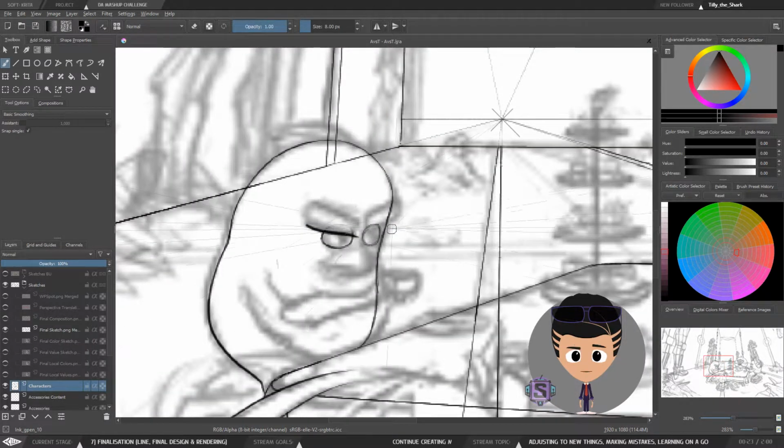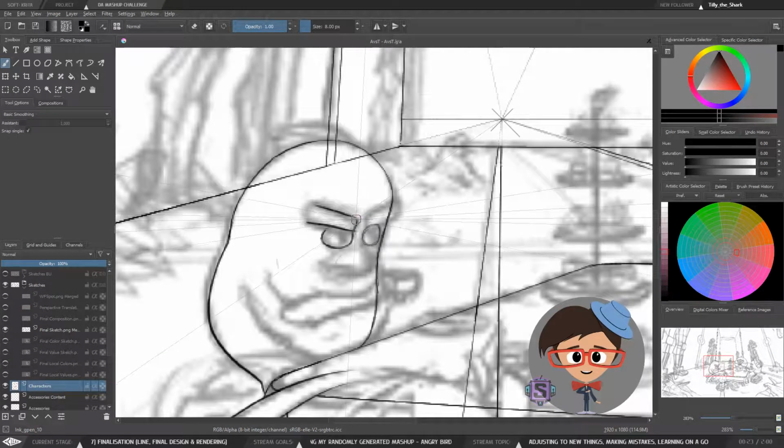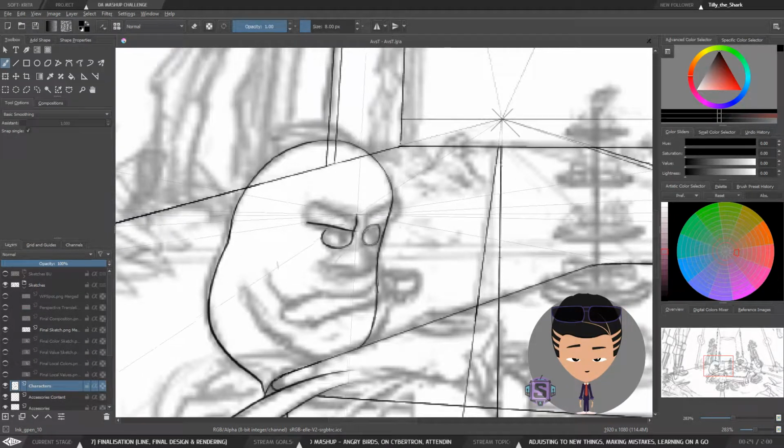Again, as I said before, in these stages there's going to be a lot of experimentation. Even if you know how things are going to look on the sketch, when we go into the final, they will completely change for the better.